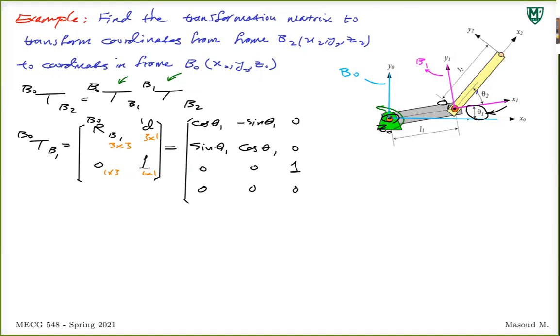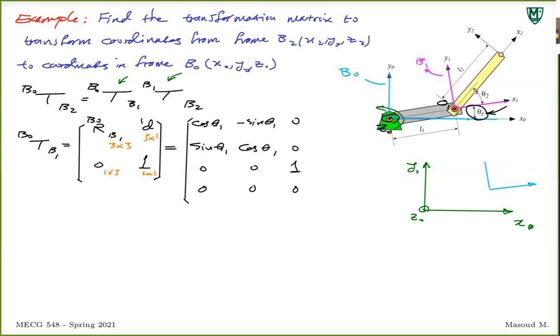I'm going to draw it here. This is X naught, Y naught, coming out of the screen, Z naught. And then you have your X1, Y1.